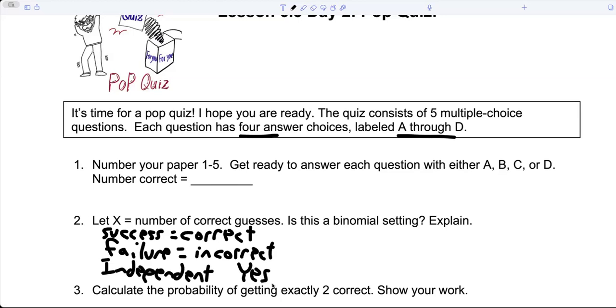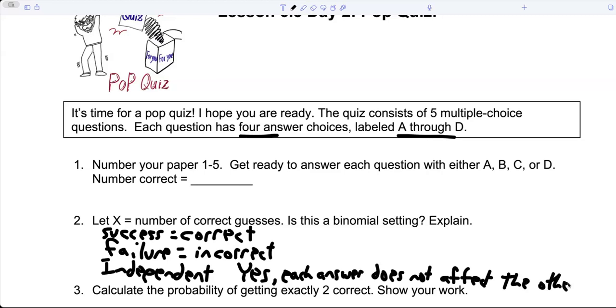We could say each answer does not affect the other. Fixed number of trials. Yes, there are 5 questions.